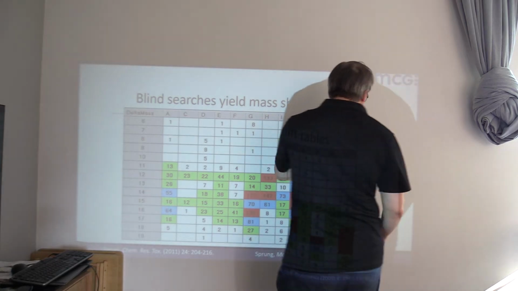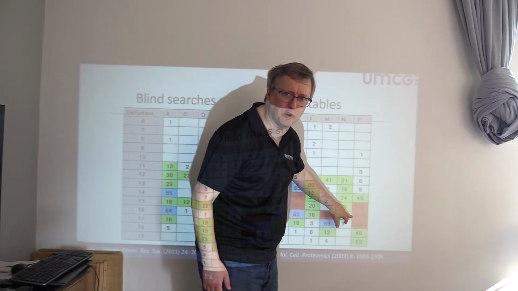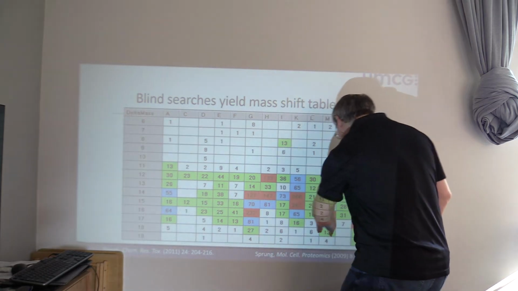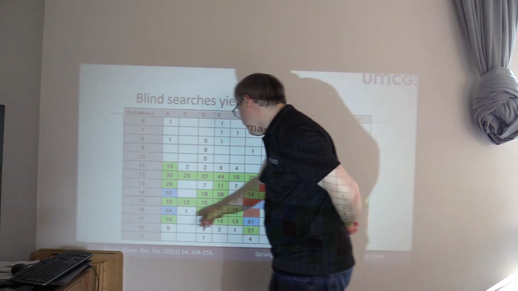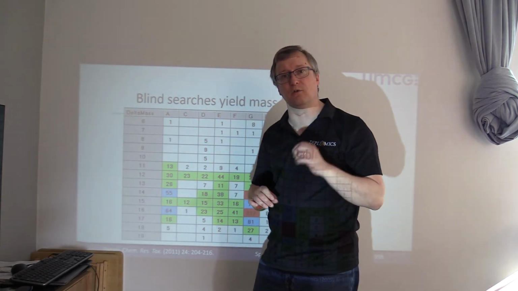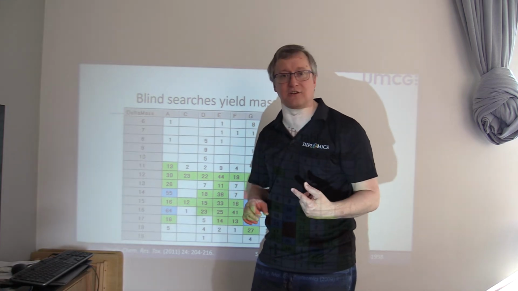Now, if we look down the row here, we see that proline is also showing up with 1,289 PSMs. And if we chase that over to the side, we see 16 is showing up there as well. So methionine oxidation is dominant, but so is proline oxidation.